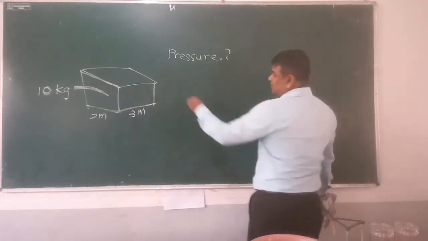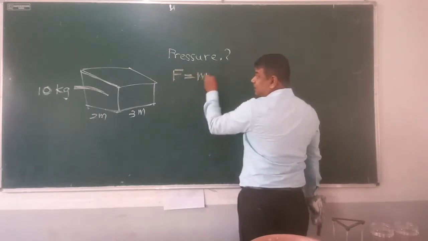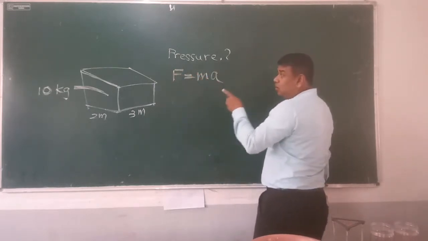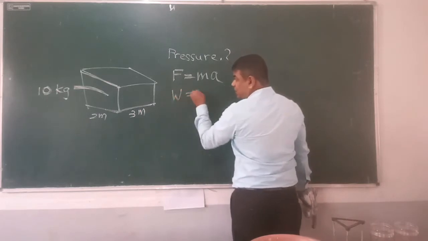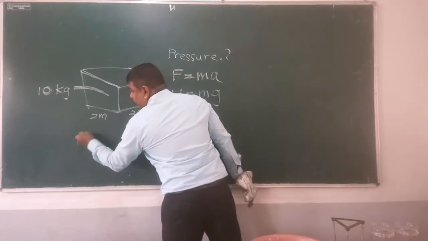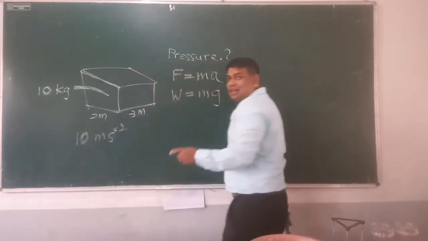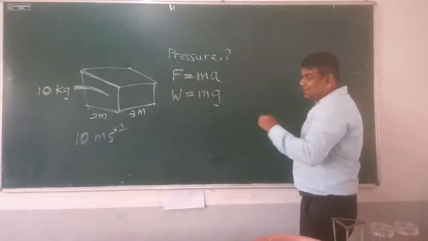First, let's find force. Force equals mass times acceleration, or here a derivation: W equals mg. If you know the gravitational acceleration as 10 meters per second squared, this is easy to do.